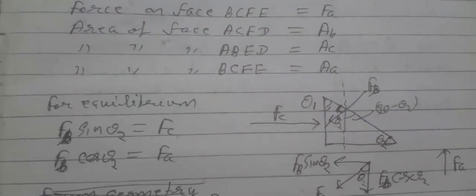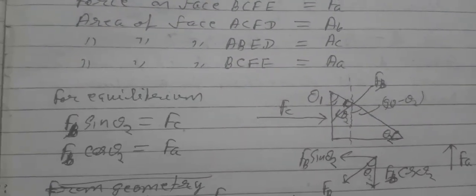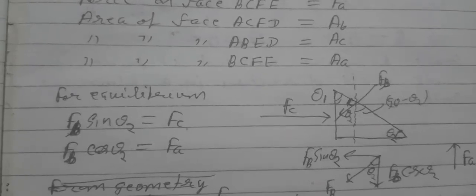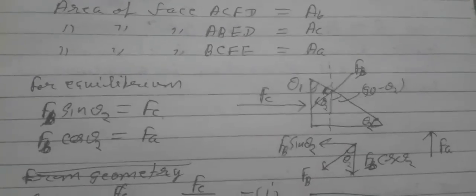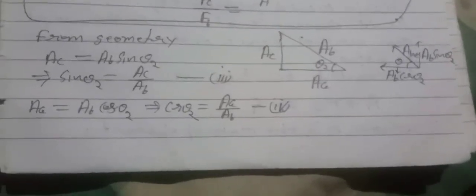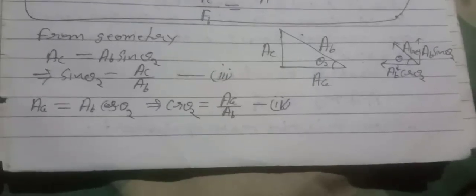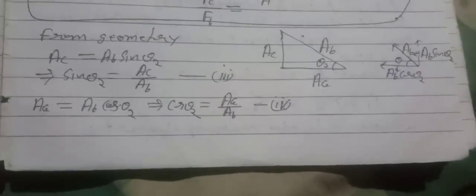Now for equilibrium, FB sin theta equals FC, and FB cos theta equals FA, as shown in the figure. From geometry, AC equals AB sin theta. Hence, sin theta equals AC by AB, equation 3, and AA equals AB cos theta, or cos theta equals AA by AB, equation 4.